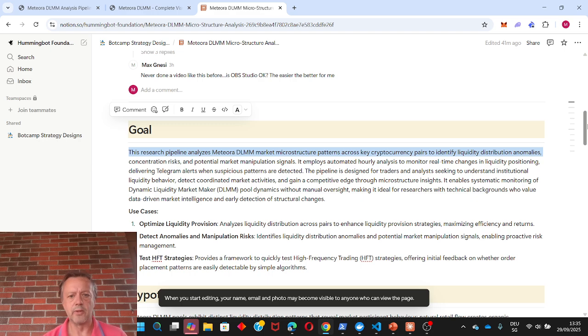So the goal of this notebook is threefold. First of all, I want to analyze, using public API endpoints, the different pools present on the Meteora platform, as exploratory work.